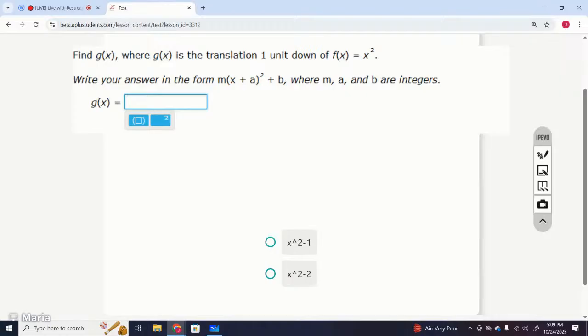Find g of x, where g of x is the translation 1 unit down of f of x equals x squared.